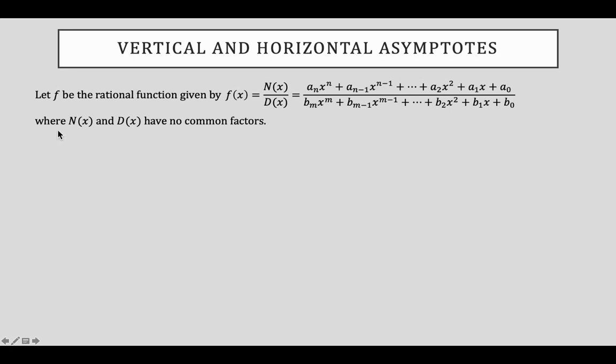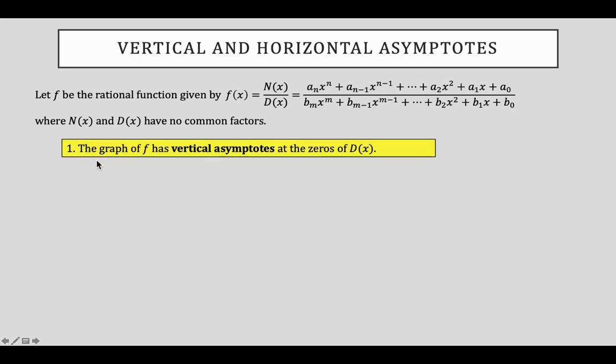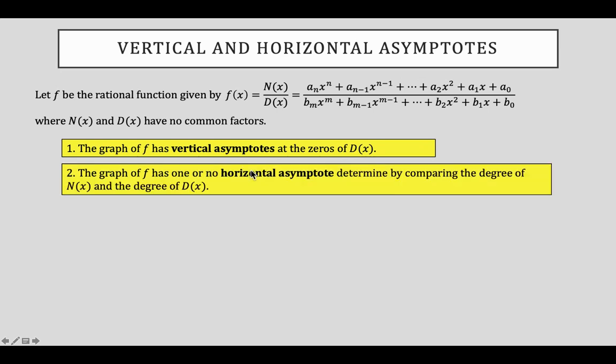This is important, where n of x and d of x have no common factors. If this is the case, the graph of f has vertical asymptotes at the zeros of d of x. In other words, we are looking for the zeros of the denominator. Given that we have no common factors, what makes the function undefined? That will give me my vertical asymptotes.